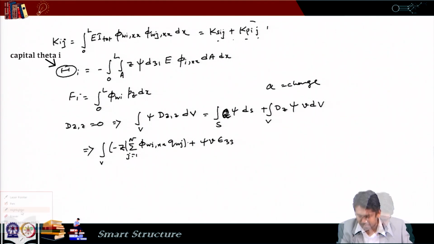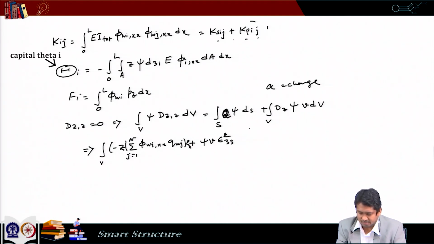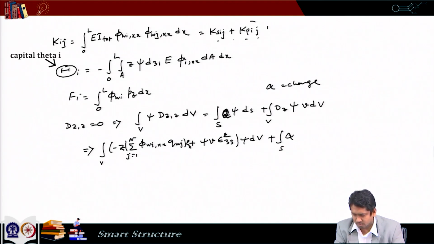So, here to multiply E here E31 and this is epsilon, this multiplied by psi dV plus q multiplied by psi ds.